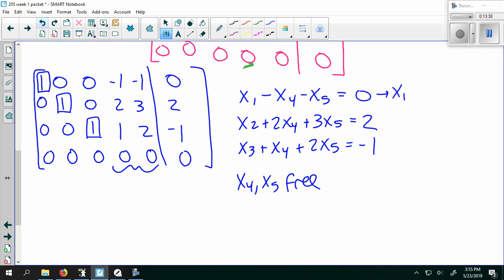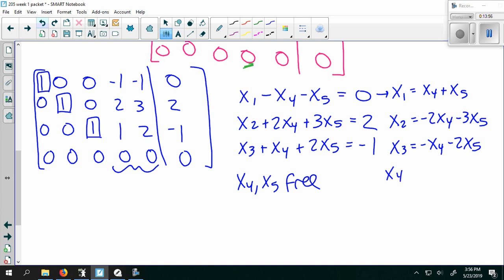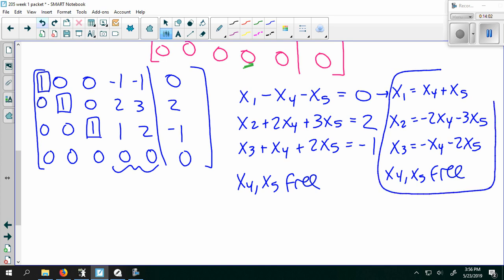So x1 is x4 plus x5. x2 is -2x4 minus 3x5. And x3 is -x4 minus 2x5 with x4 and x5 free variables. So that is my general solution to the system.